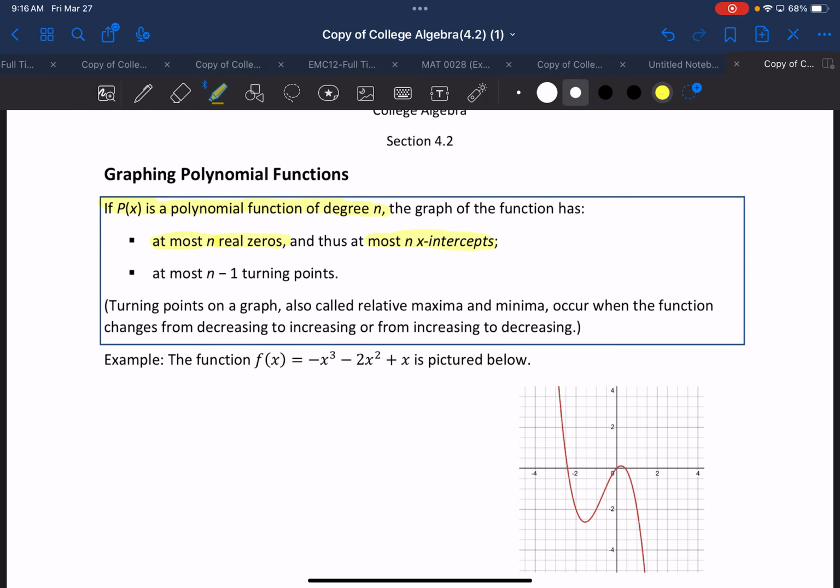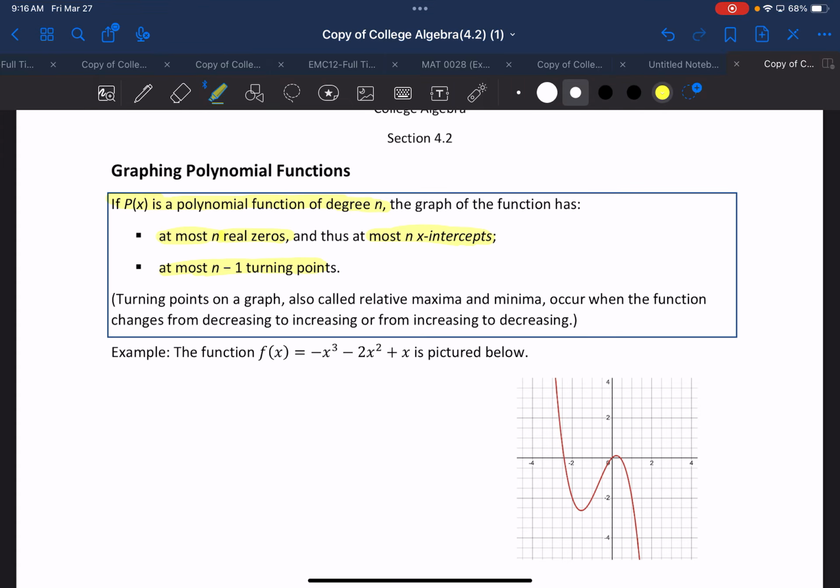And then the next one says that that polynomial will have at most n minus 1 turning points. Turning points are the points that occur at our local minimum and local max. So it's the points where it changes from increasing to decreasing or decreasing to increasing.